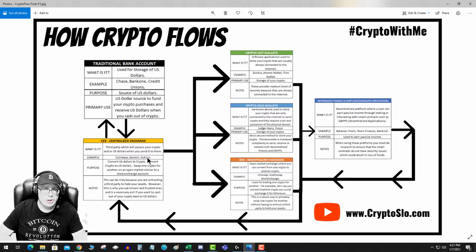They're making sure that you're a real person, not a scammer, not doing illegal activities. If you want to get in and out, you will have to KYC. So don't be surprised if they ask for your passport or your driver's license.